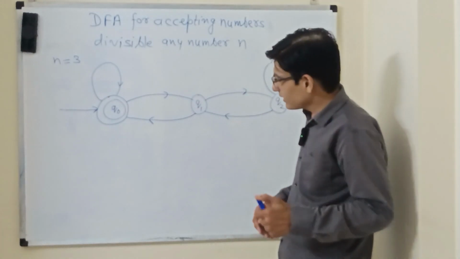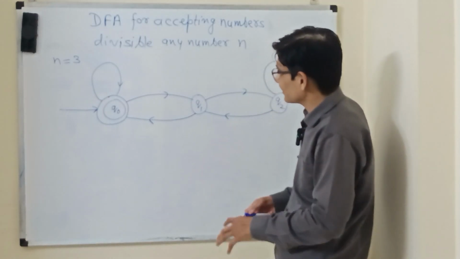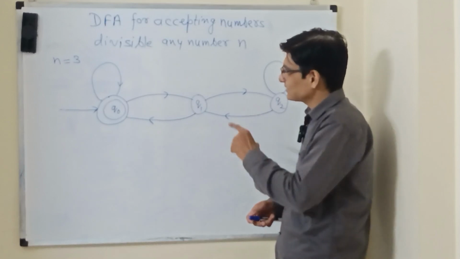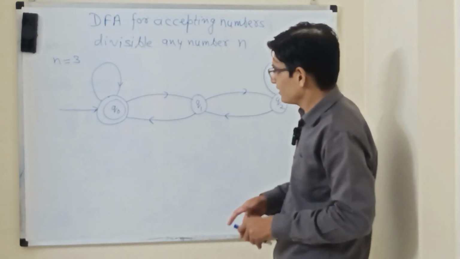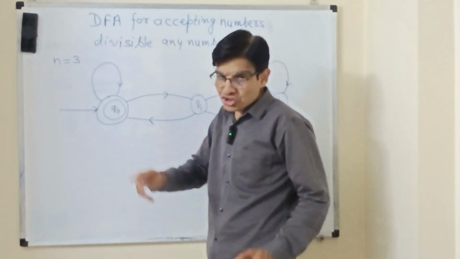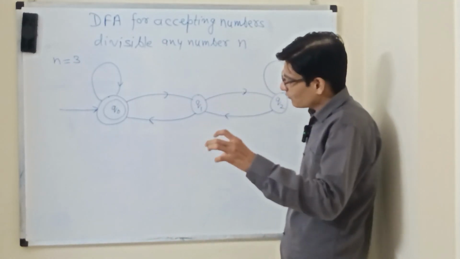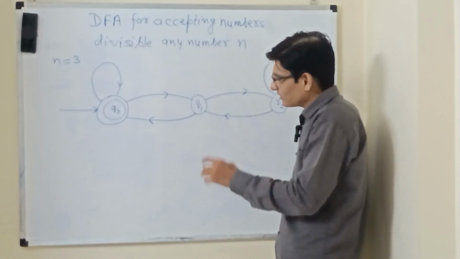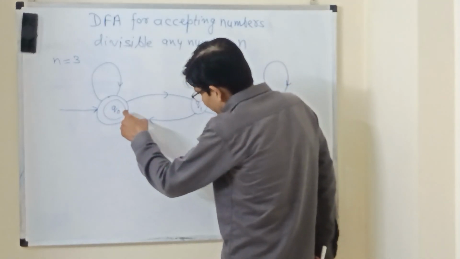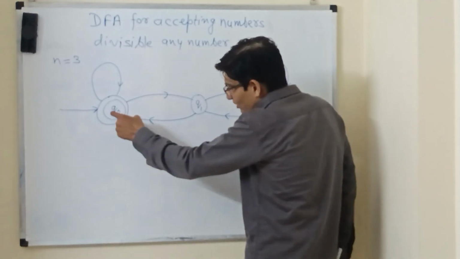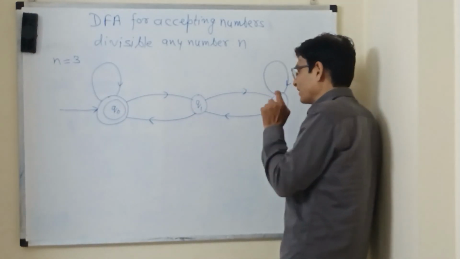So friends, now we are ready to make a DFA for accepting all decimal numbers divisible by 3. For the number of states, we will use the same logic: one zero remainder state, one remainder 1 state, and one remainder 2 state.